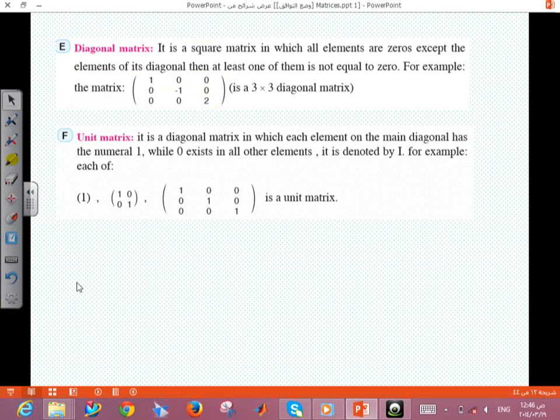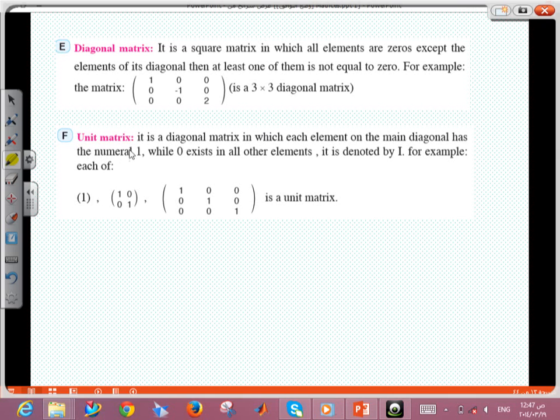The unit matrix is a diagonal matrix in which each element on the main diagonal is equal to 1. This is called a unit matrix.